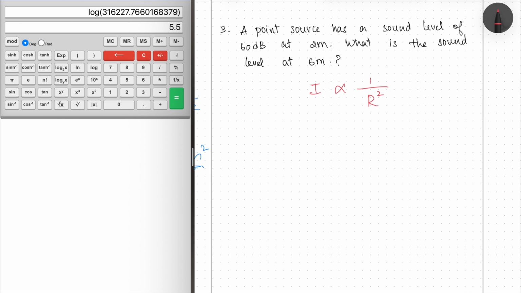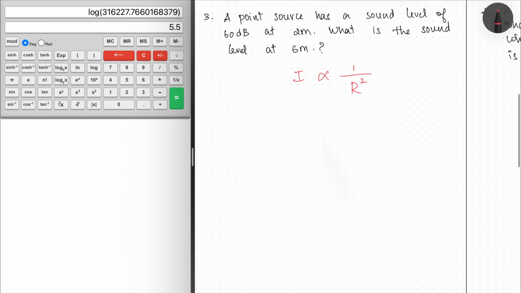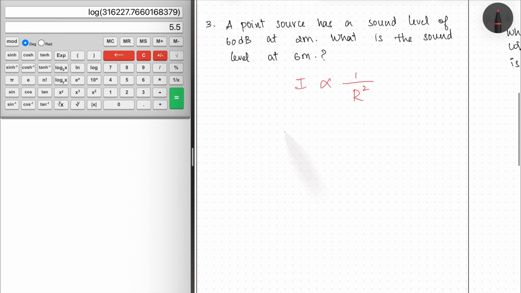And I forgot to mention one thing in the last video, which is the conversion of it. So let us say this is intensity I1 at distance R1. Okay, so you can write it as I1 into R1 square is equal to some constant.